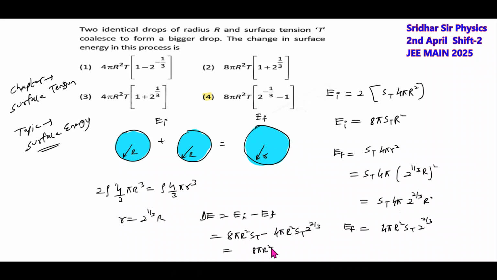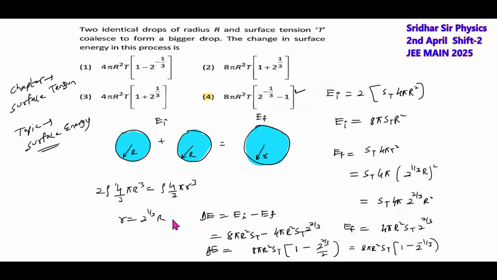If you take 8 pi r square ST outside, here it will be 1 minus, so 8 pi r square ST times 1 minus 2 to the power of minus 1 by 3. The change is asked, so you can pick up this one.